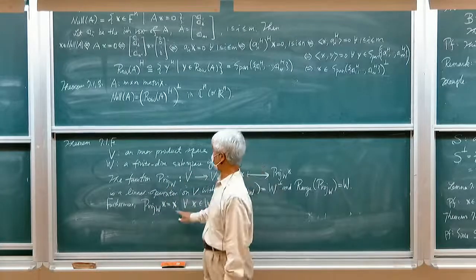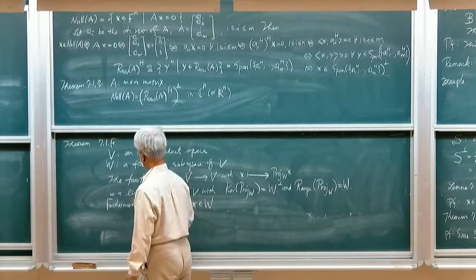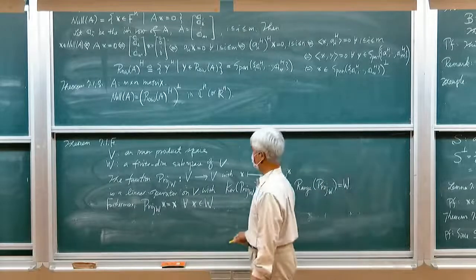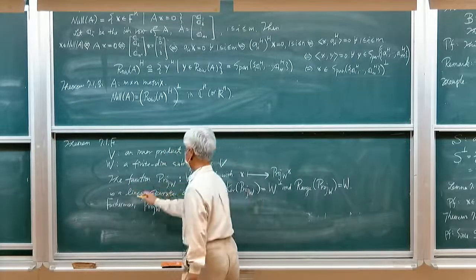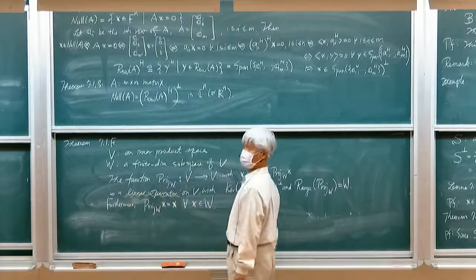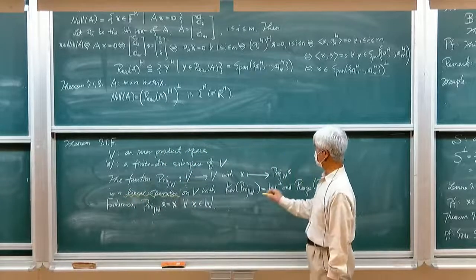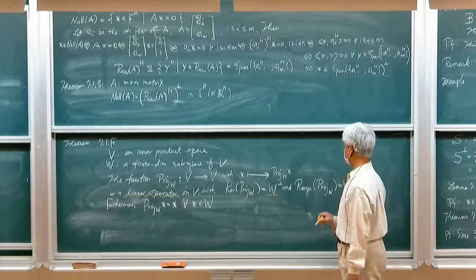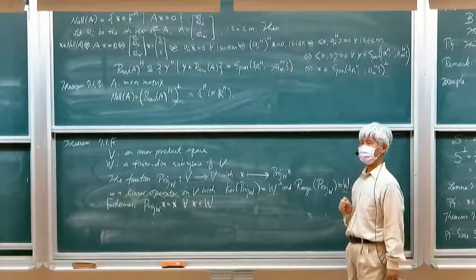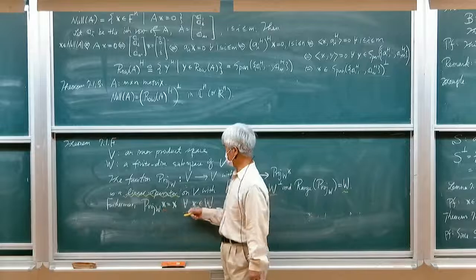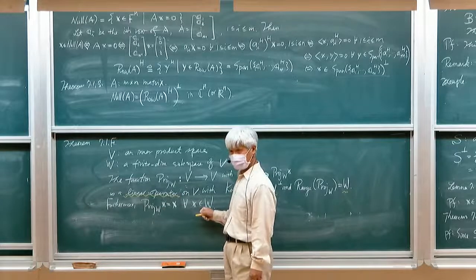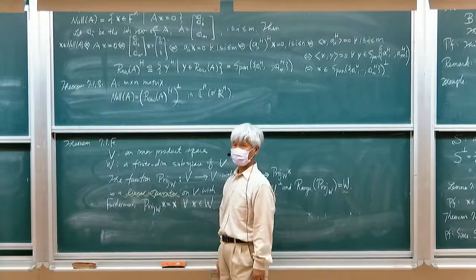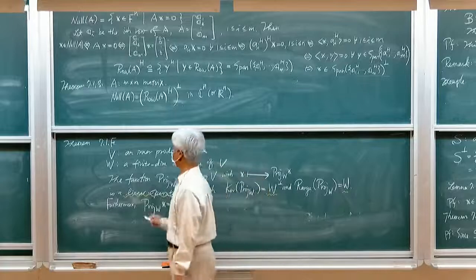The important theorem is that this function is a linear operator with kernel the orthogonal complement of W and range W itself. In particular, if the vector is in the subspace W, then the projection of X onto W is X itself. You will not change the vector X.